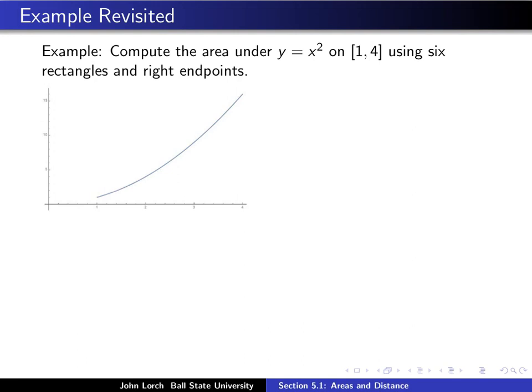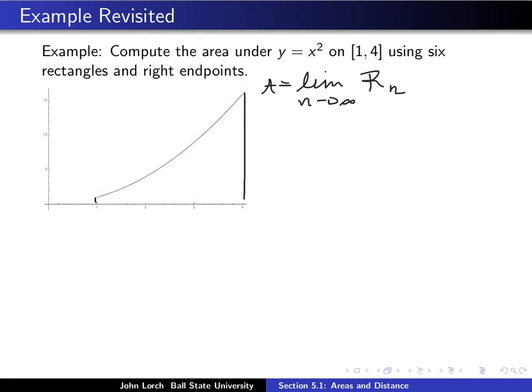Okay, now instead of merely approximating the area under y equals x squared on the interval from 1 to 4, we're going to compute the area exactly using the formulas that were on the previous slide. So in particular, we're told that the area is the limit as n goes to infinity of, say, the nth right-hand endpoint estimate of the area under the curve.